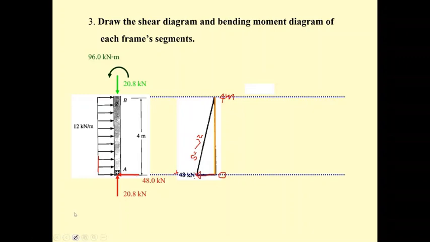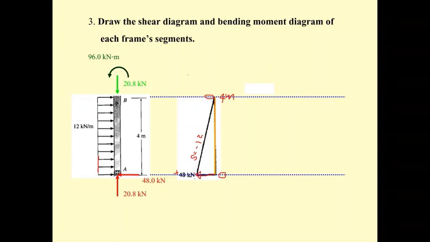Sorry about that. Let me take this one out so we make it a lot better. So this one is going to be minus 12. And then what is going to be here? If you take a look here, there is no shear, so this one is supposed to be 0.